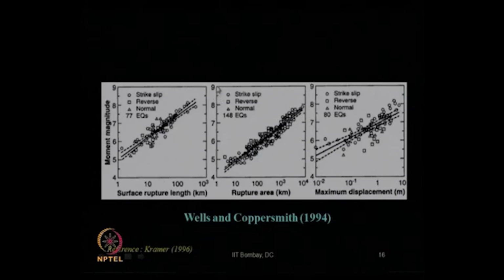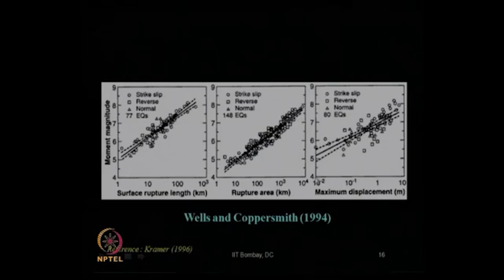Also for the earthquake moment magnitude versus rupture area, it should be in kilometer square. It is wrongly shown, it should be kilometer square, you can correct it. This is for all types of strike slip, reverse and normal fault from 148 recorded earthquake data.